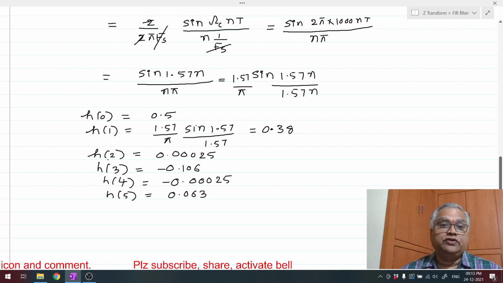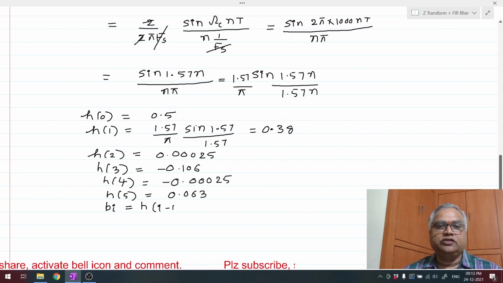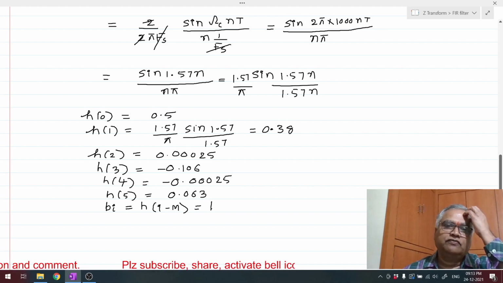Now from this we have to find the bi. What is the bi formula? h of i minus m. What is m in our case? 5.